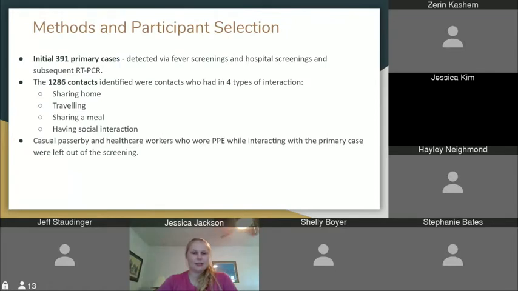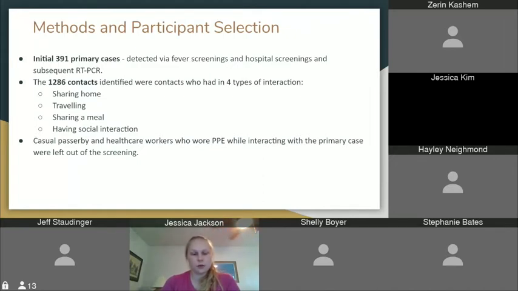And so what they did was they looked at the initial 391 primary cases in the area, and 1,286 of their contacts. And this was controlled for having 4 different types of interaction.